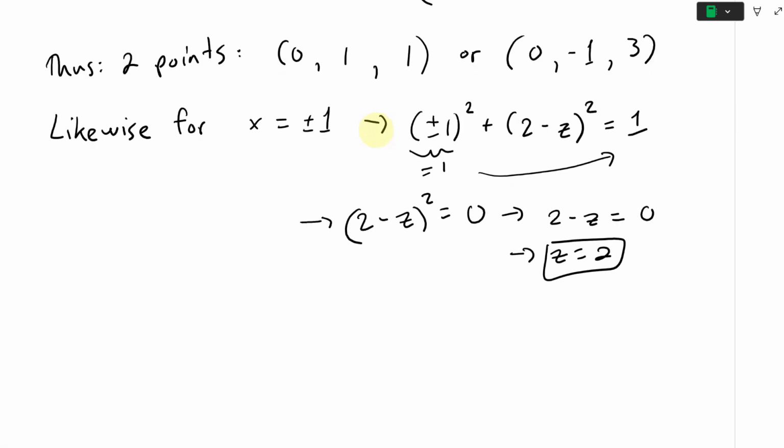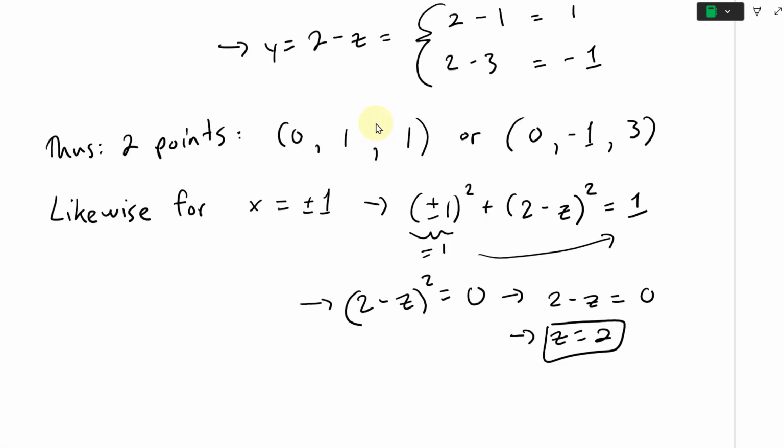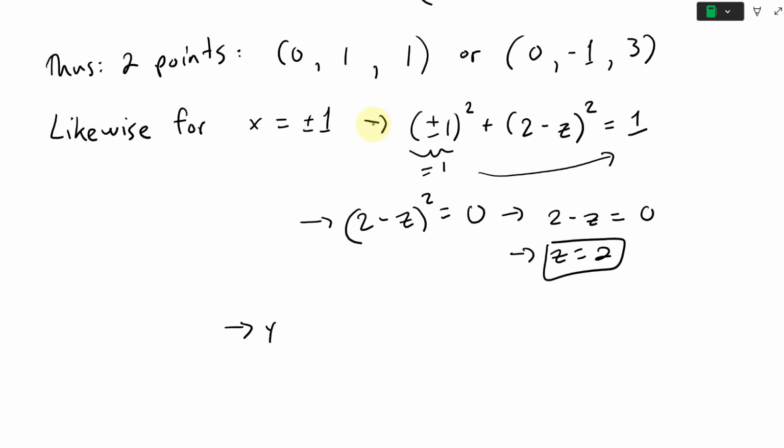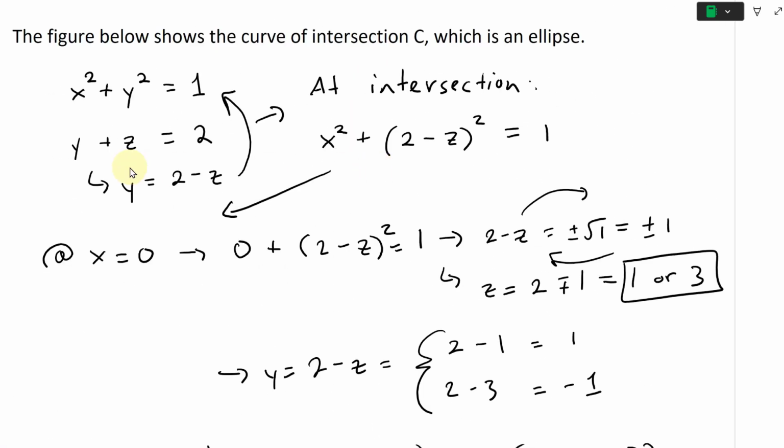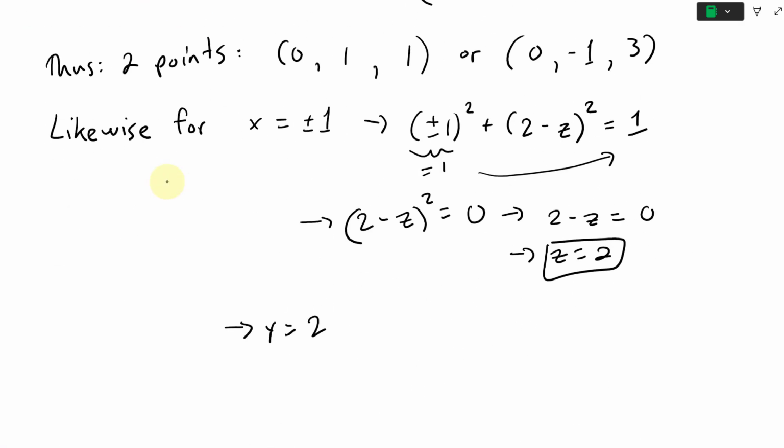So before we even get to that, we'll put the y. The y is going to be y equal to 2 minus z. So 2 minus z is equal to 2 minus 2, which equals 0.